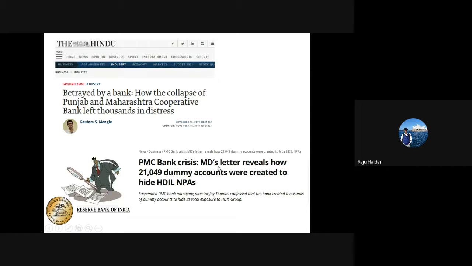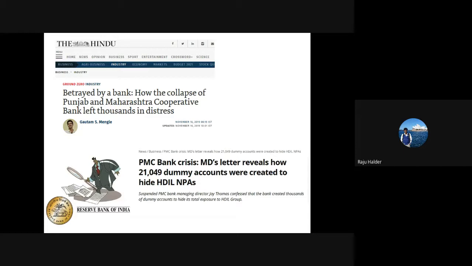So much manipulation can be done on behalf of the bank that RBI can overlook. It means that because of third party involvement, a lot of manipulation can be done by the third party, so it's really risky.